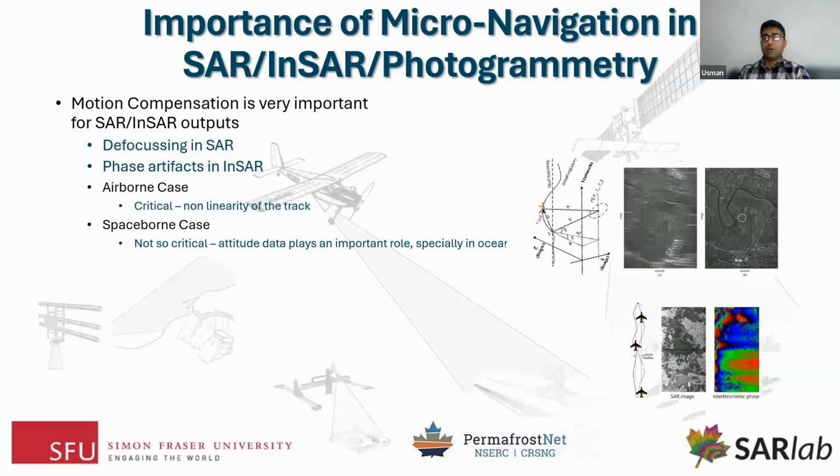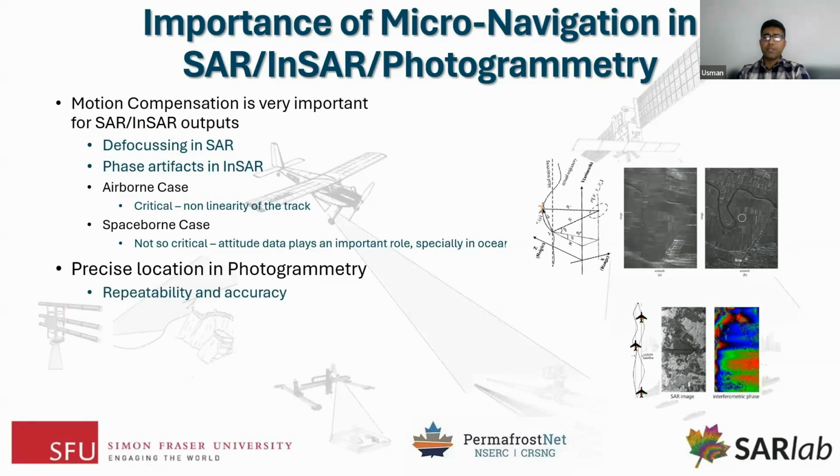But this focusing of the SAR is much more forgiving: if you compensate the motion to a certain degree, you would still get pretty well focused images, but it manifests into the phase of the image. So once you do interferometry, as shown in the bottom figure, you see these weird patterns or stripes, and this is basically the remnant motion artifact if you don't compensate the motion properly.